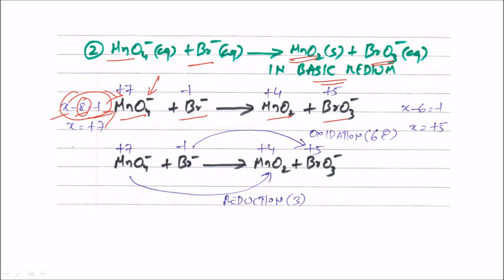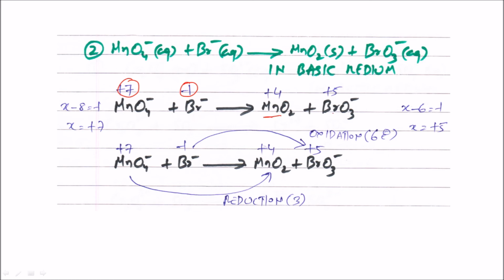So equate it to -1, and if you simplify you will get the oxidation number as +7. So the oxidation number for manganese is +7. For bromide, it's a simple ion, so you can directly write it as -1.